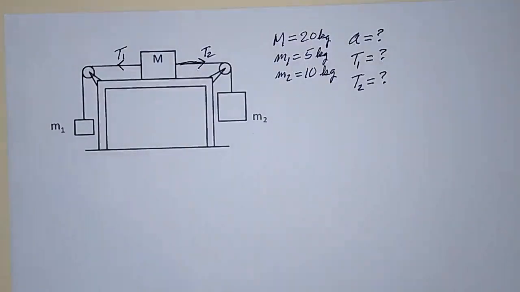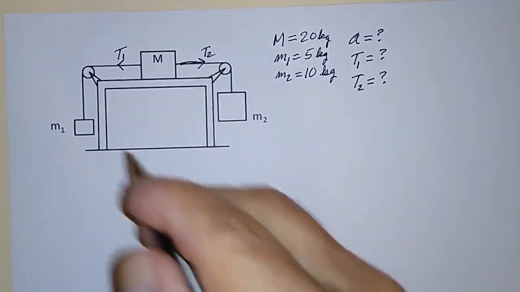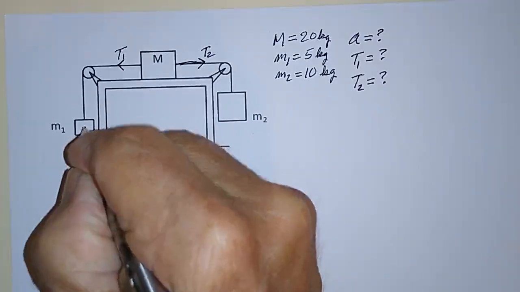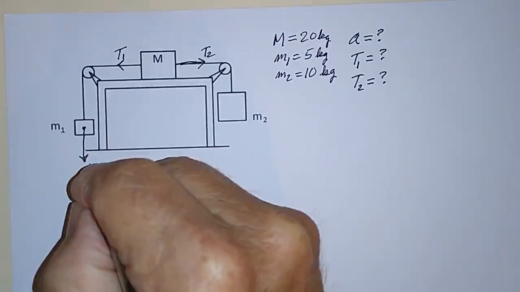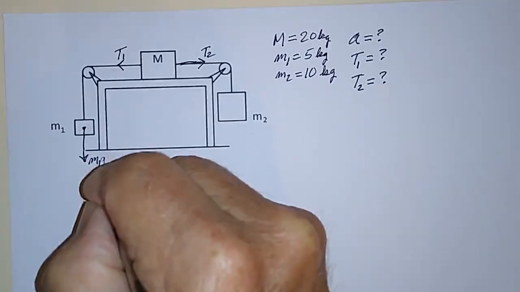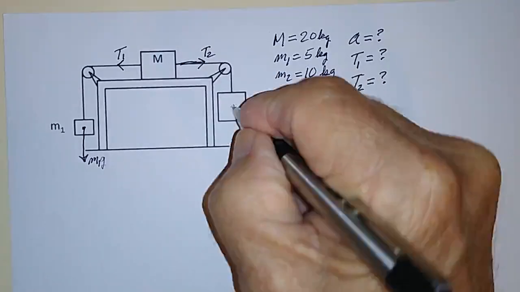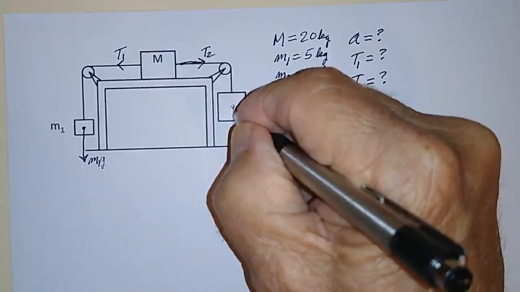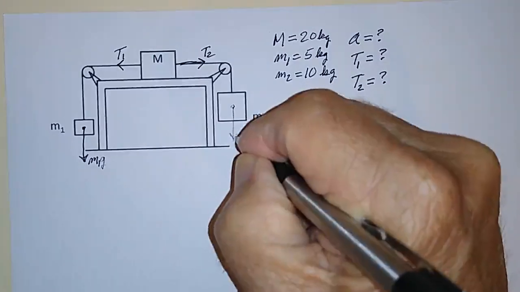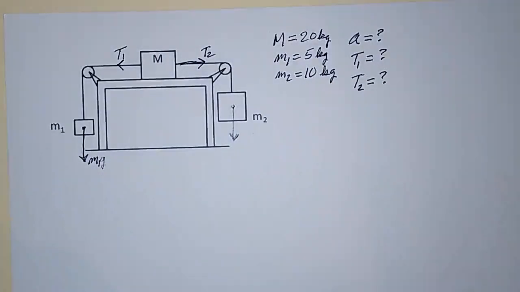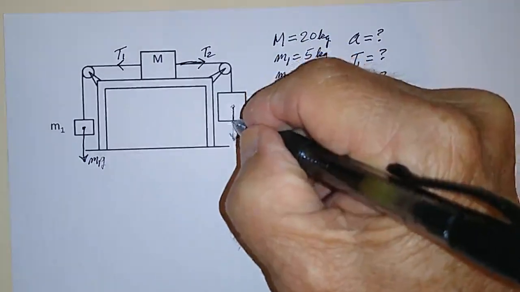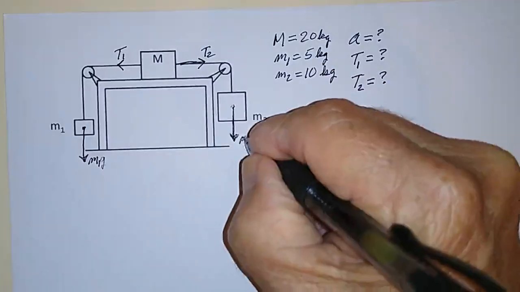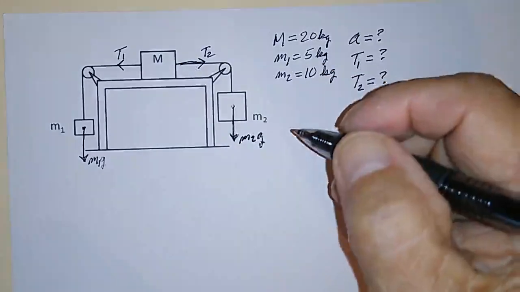So how do I do this? Well, I set it up by looking at the forces acting on the system. Over here we have gravity acting on m1, exerting a force in this direction, which is m1g. So the gravitational force acting on m2 is m2 times g.